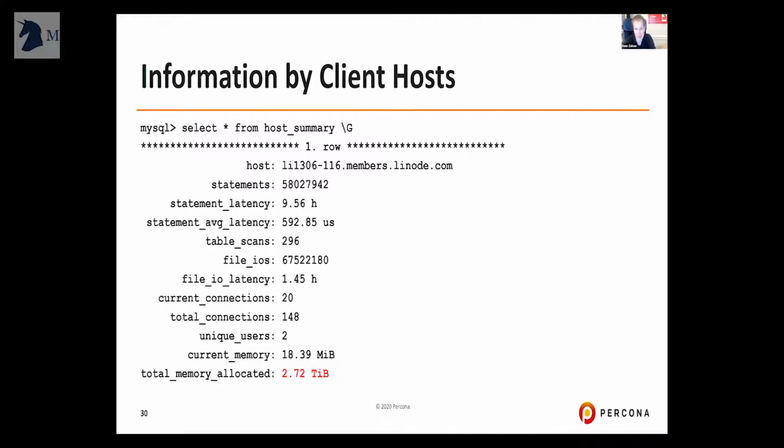Well, in fact, what that means is that if you look at all total memory allocations, they amount to 2+ terabytes. I don't particularly understand the value of this data, but what is valuable is the current memory. The current memory shows us that the current statement has about 18 megabytes of memory allocated.